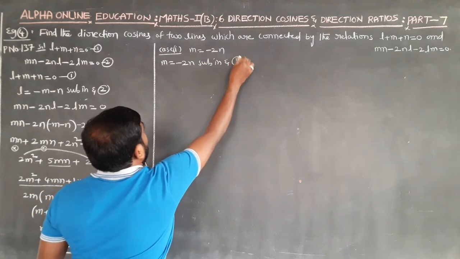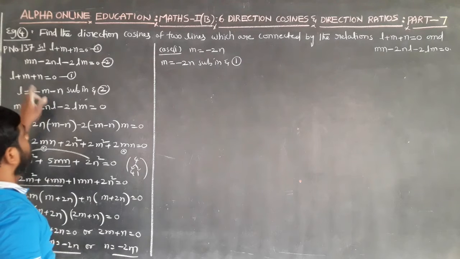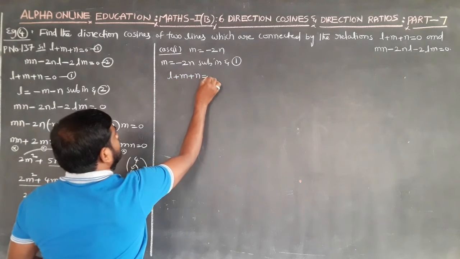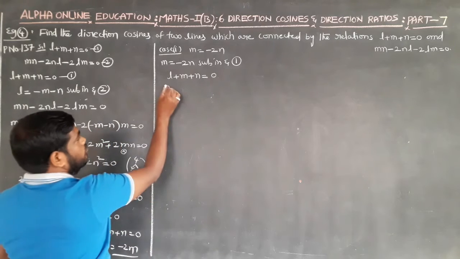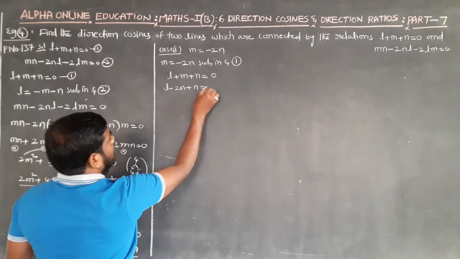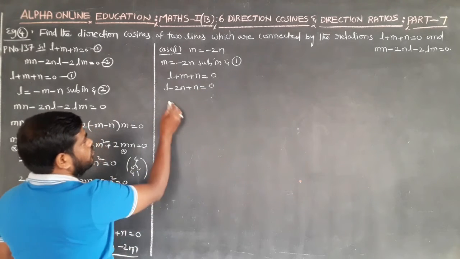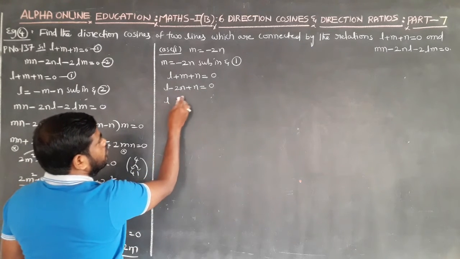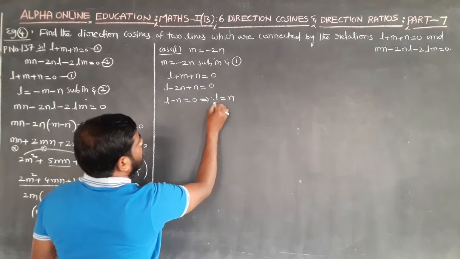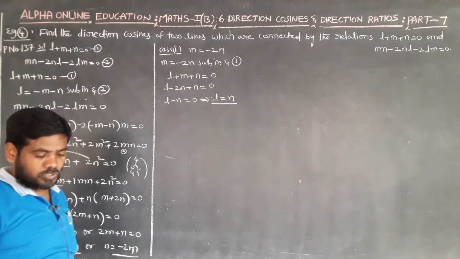Substitute in equation number 1. Equation number 1 is L plus m plus n is equal to 0. L plus m, minus 2n plus n is equal to 0. L minus 2n plus n is equal to 0. So L is equal to n.